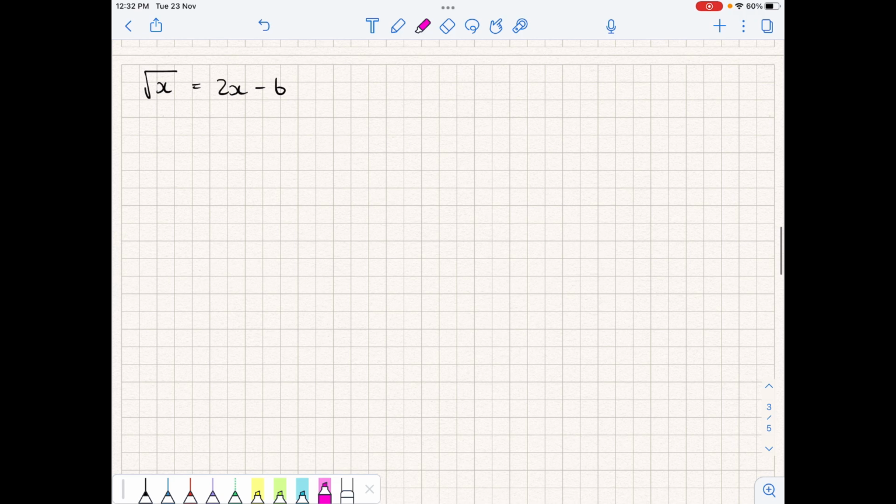Okay, let's move on to another type of equation that we would need to solve. So there are two ways to solve this equation, right? The first way is to treat this as some form of quadratic equation.